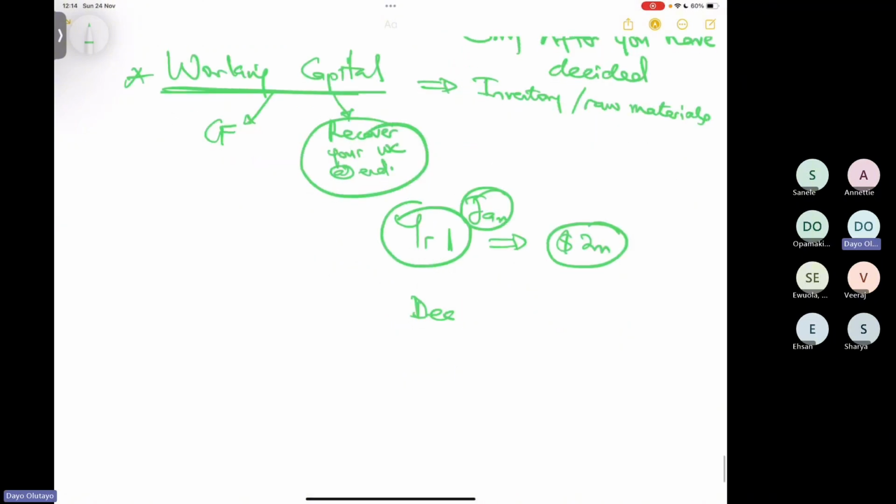And remember, the assumption of your cash flow is that every cash flow you plot when you are doing investment appraisal is deemed to happen at the year end. So a January year one cash flow will definitely be deemed to happen in year zero, because that is December year zero, that is January year one. And that is why when you are plotting cash flow, this will be minus 2M in year 0. And if this investment has a 4 year lifespan, at year 4, we must recover that 2 million back. That's one way.